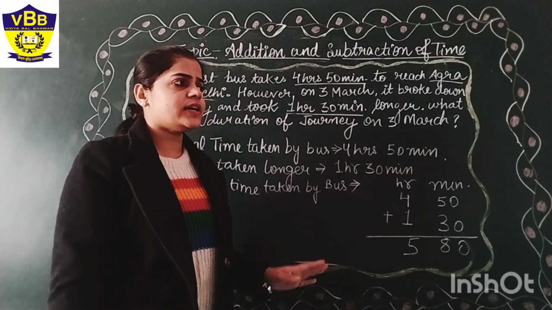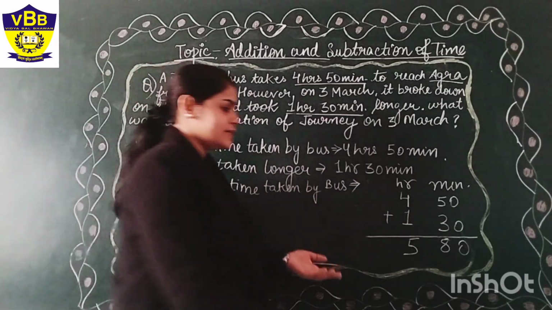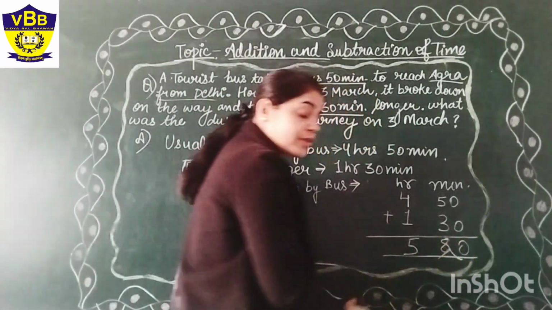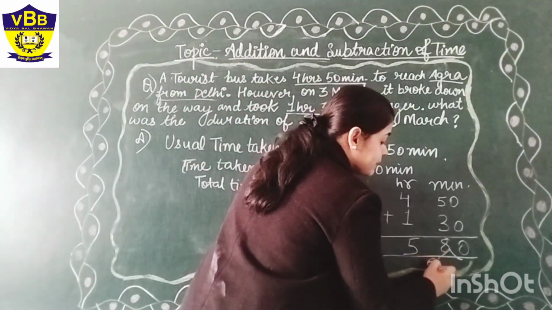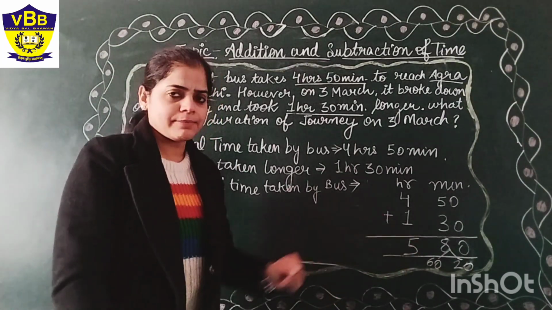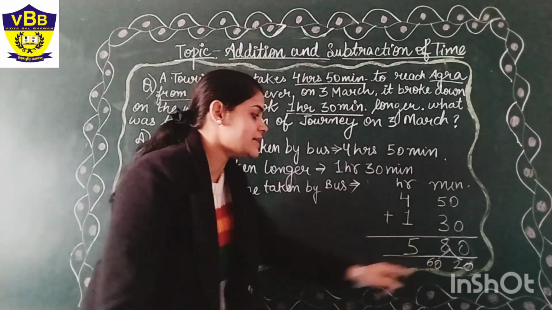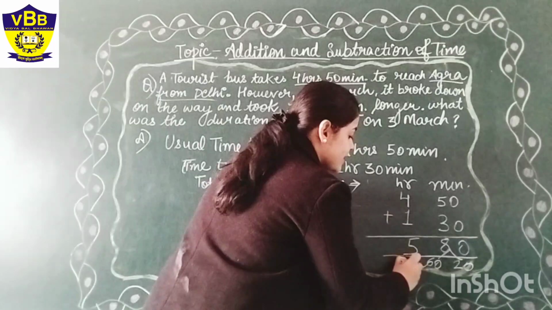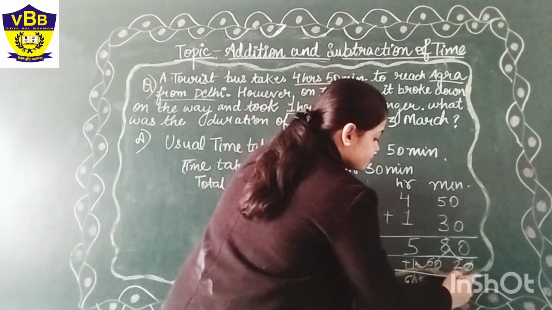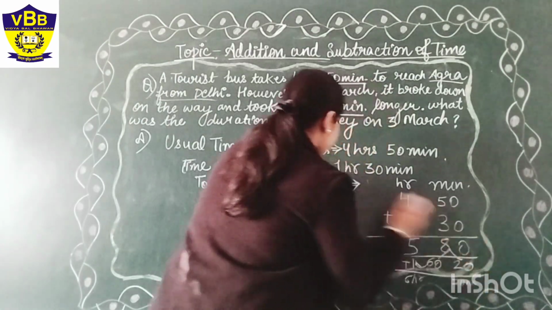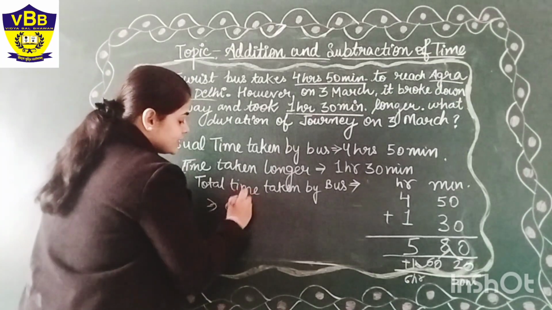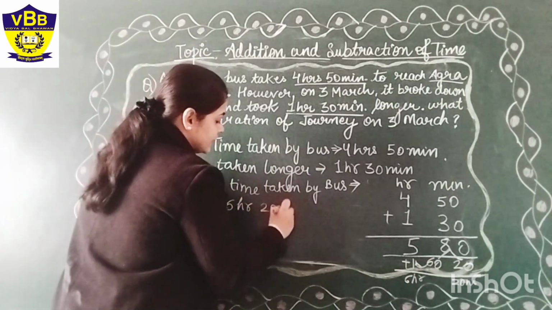Have you seen anywhere where 80 minutes is considered? So 80 minutes will be split into 60 plus 20. So 60 plus 20 can become 80? Yes. And 60 minutes is equal to 1 hour. So it will become 6 hours and 20 minutes. So after the addition, what will be my final answer? 6 hours and 20 minutes.